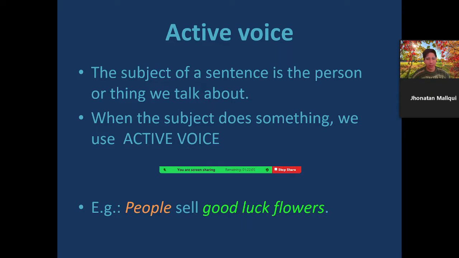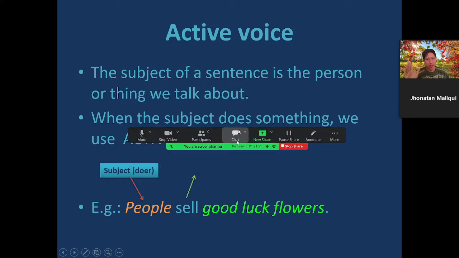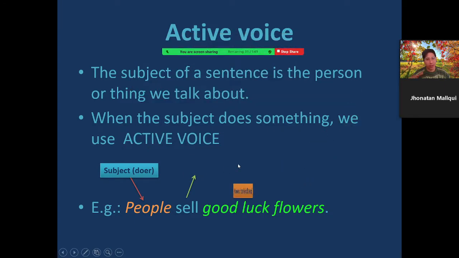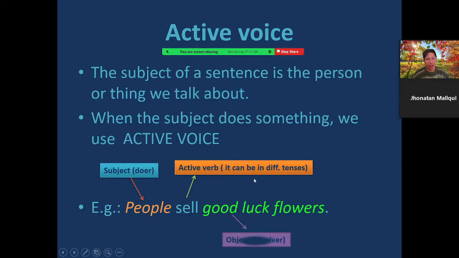We always speak using the active voice, okay, because remember that you focus on the subject or doer. In this case we have the subject, people, or the doer. We have the active verbs, okay. Of course it can be in different structures, like in the past, in the future.